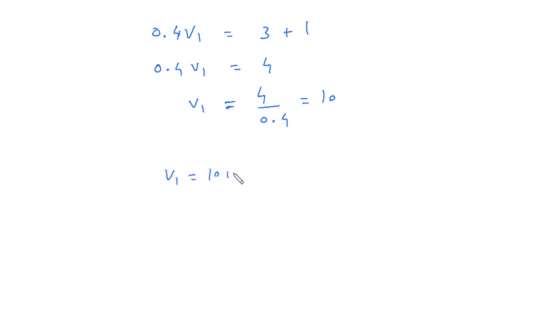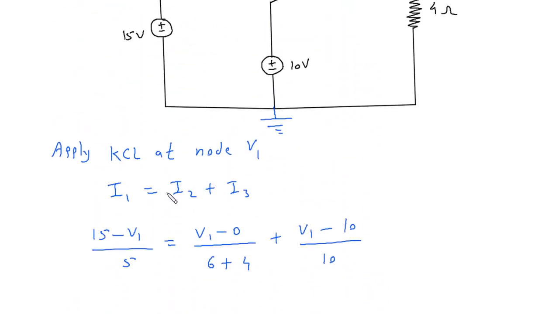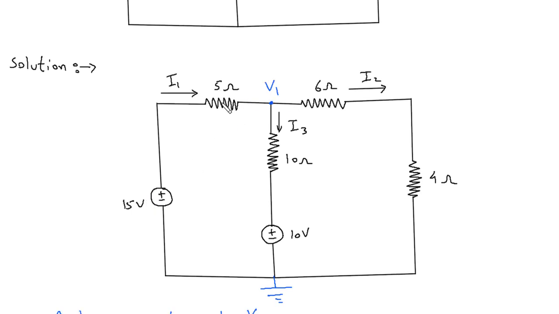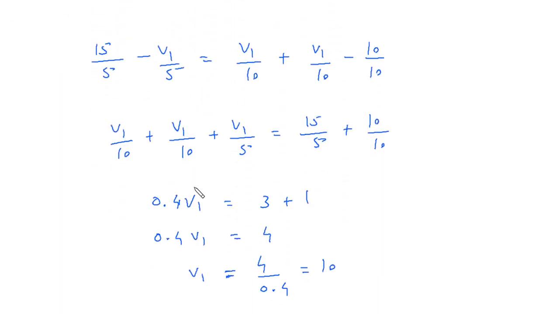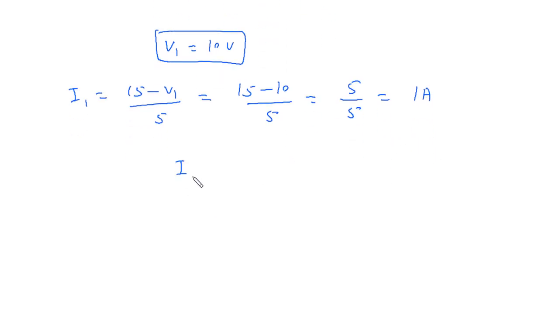V1 is equal to 10 volt. Now I1 is equal to (15 minus V1) upon 5, that is (15 minus 10) upon 5, that is 5 by 5 is equal to 1 ampere. So I1 is equal to 1 ampere.